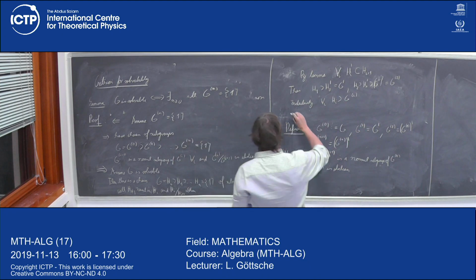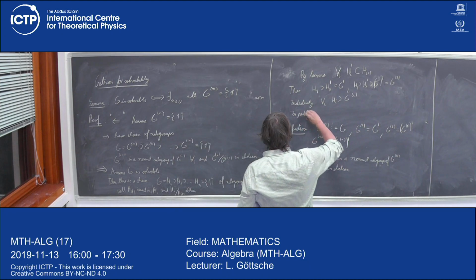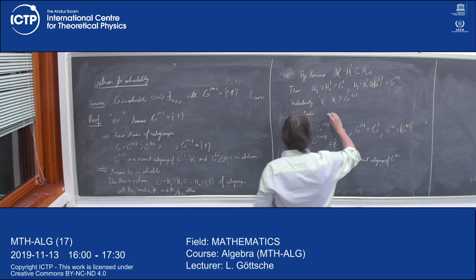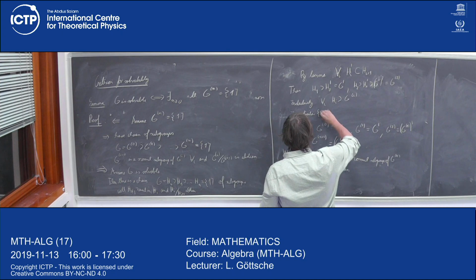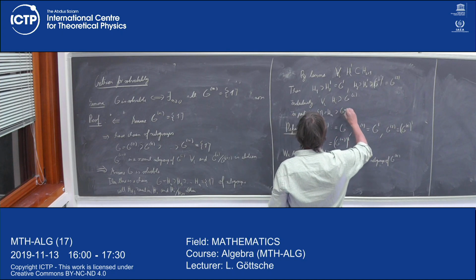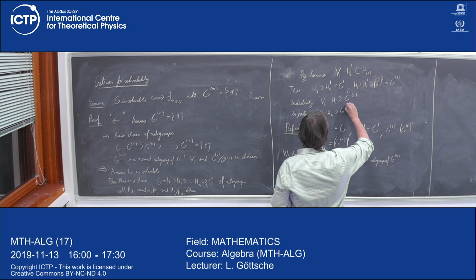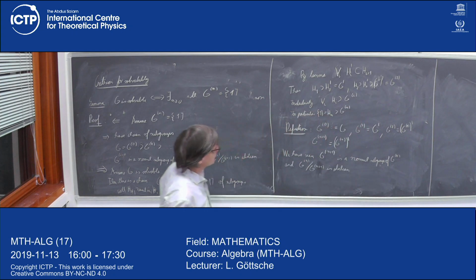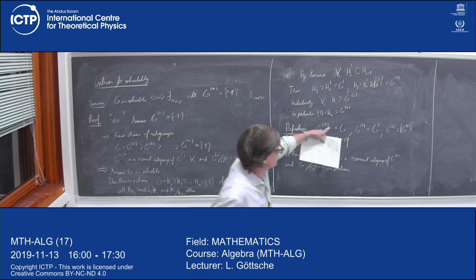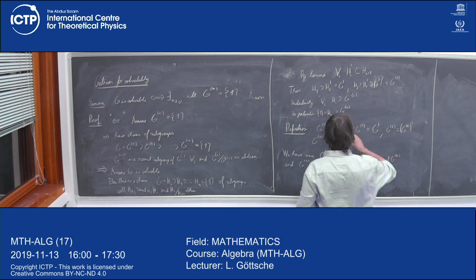So in particular, if I take Hn, which is 1, it contains G^(n). And so the nth commutator is 1.